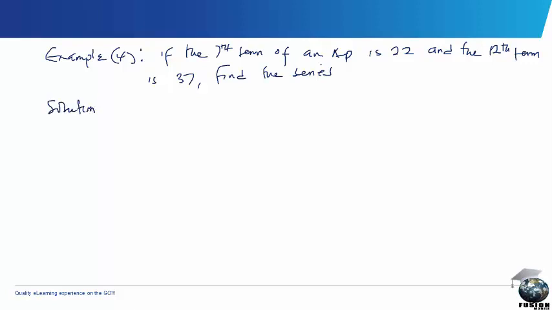Solution. You're told the 7th term. So how do we represent the 7th term? T7 is equal to a plus (n minus 1)d, that's if it's Tn. Therefore for T7 we don't know a, and n is 7 minus 1, and we don't know d.